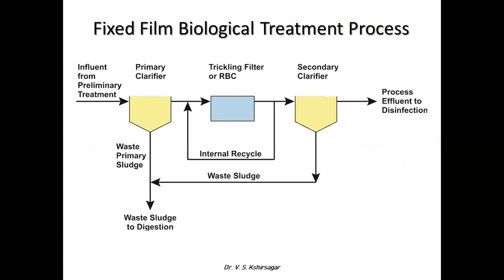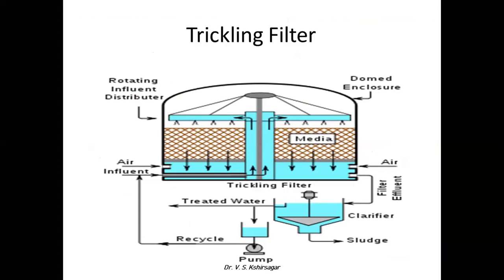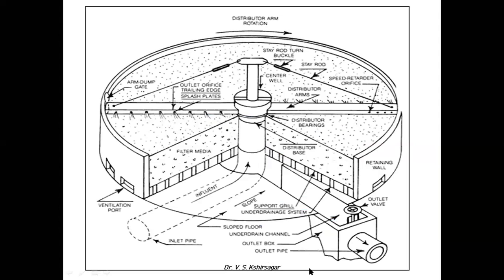Okay, so this entire part we have discussed. This is a filter media. At the top there is a spreading of sewage, and the sewage will percolate through by gravity and will be collected from the underdrainage system. During percolation, how the biofilm is going to be formed on the surface of the filter media, that also we have discussed.